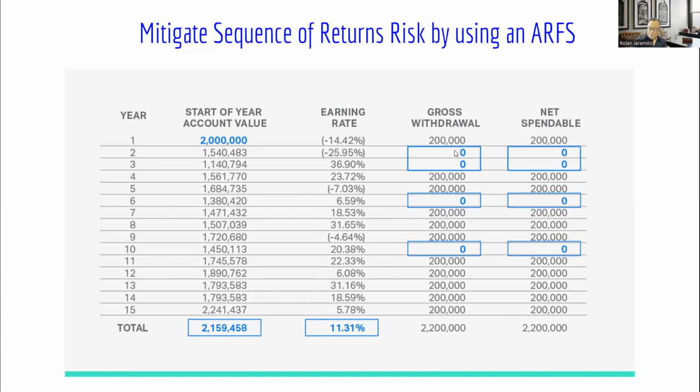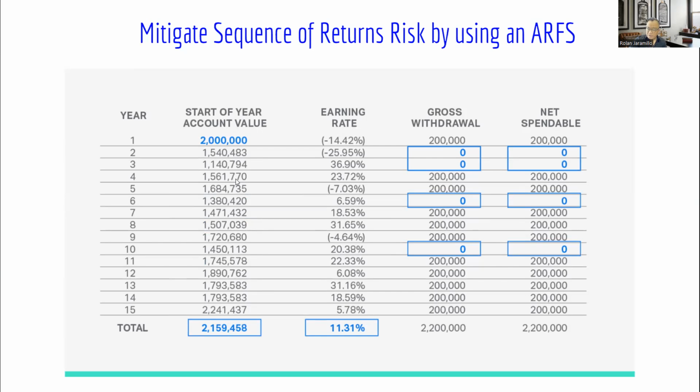And the only difference is on the years early on that you lost, you didn't take any distribution. So in year one, a negative 14% return, you don't take distribution. Year two, you take a loss of 26%, you don't take distribution. Giving you time to recover, your money doesn't run out.